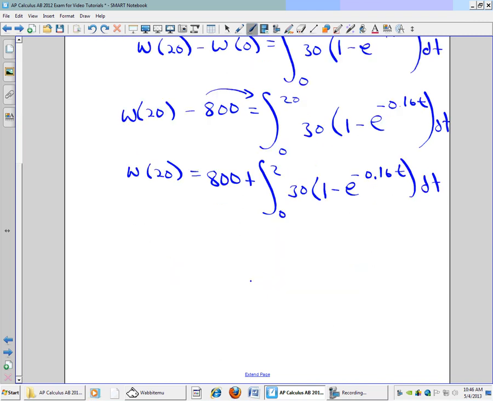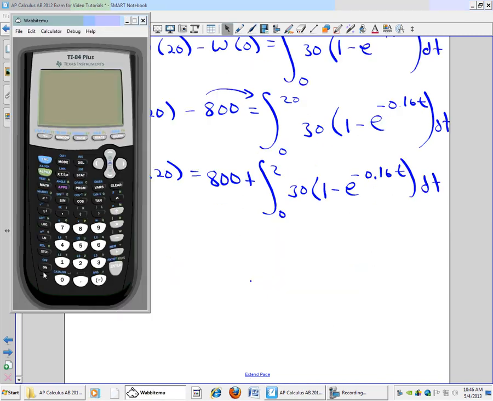So let's go ahead and pull up the calculator and turn that on. We'll go to y equals, clear it, and put in our function. Let's put in 30 and then parentheses and 1 minus, and then second and the natural log key, which gives us e raised to a power.